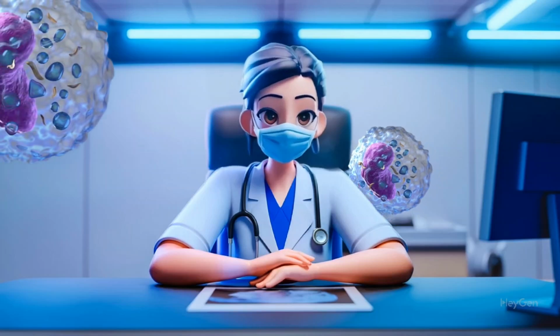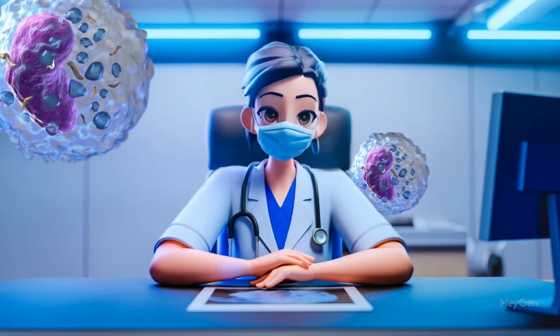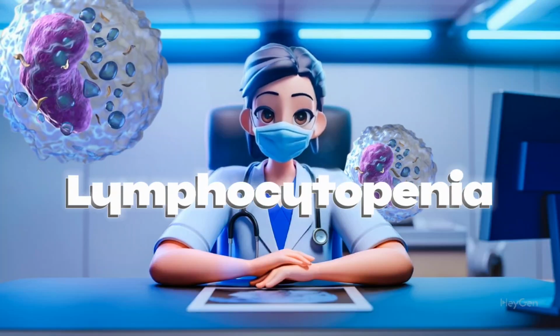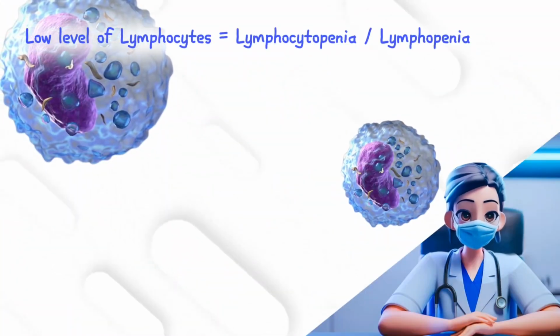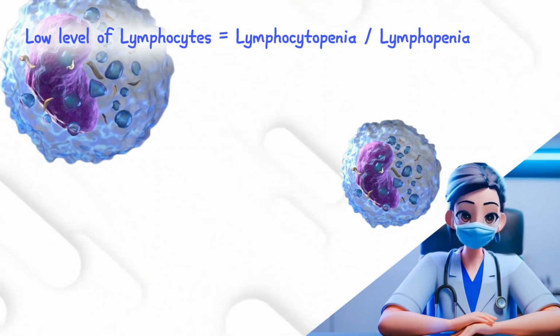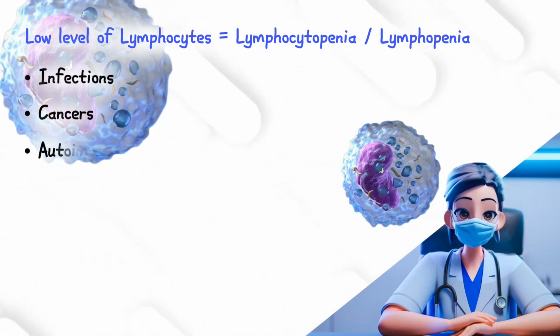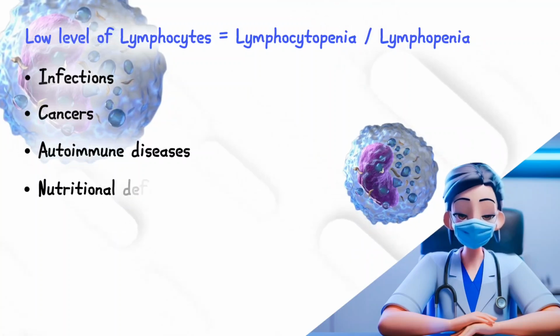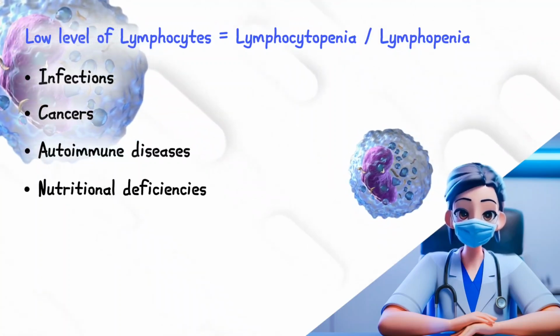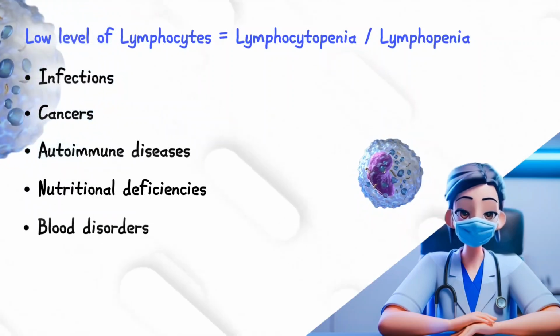The low level of lymphocytes in blood is called lymphocytopenia or lymphopenia. Just like neutrophils, the low level of lymphocytes are seen in infections, cancers, autoimmune diseases, and nutritional deficiencies, and it is also seen in blood disorders.